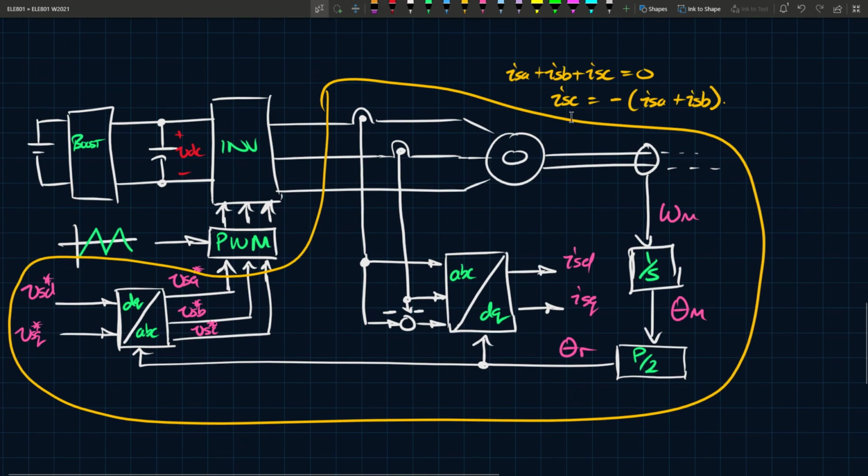Then we looked at this generic practical system, and perhaps we can label these as ISA, ISB, and ISC. Given all that, you can determine everything you need to properly operate your electric vehicle using a permanent magnet synchronous machine.